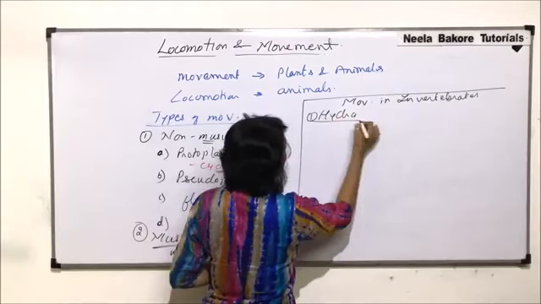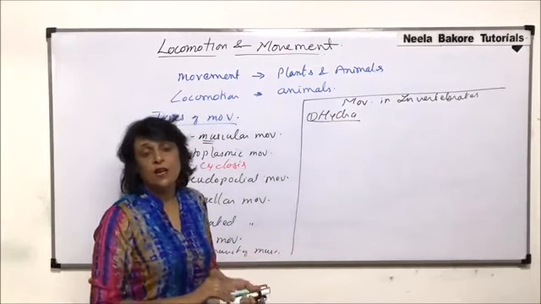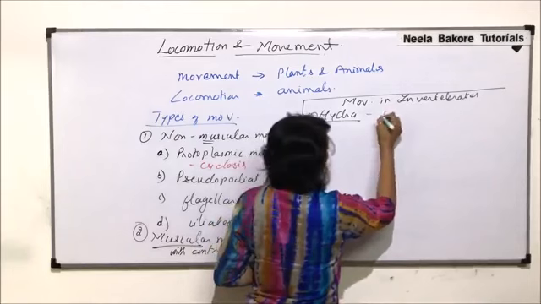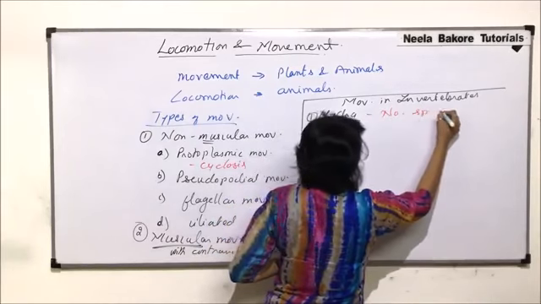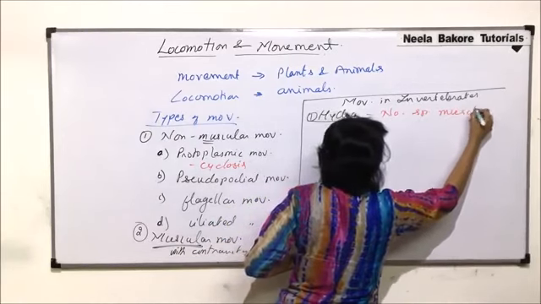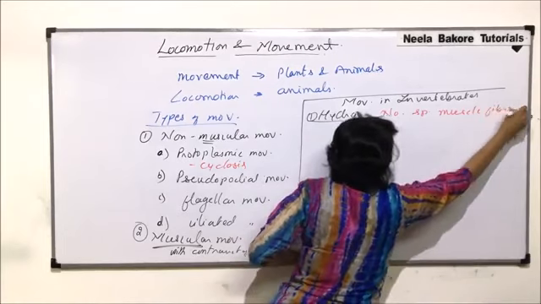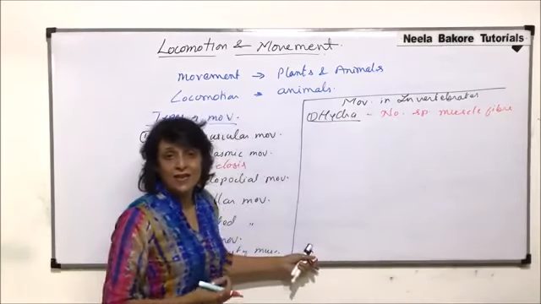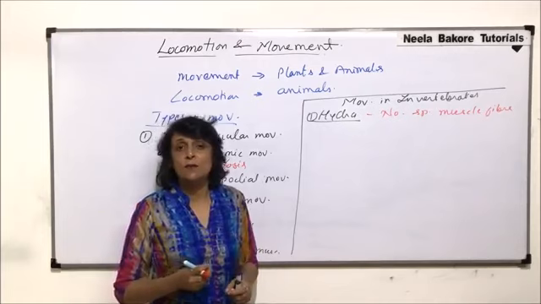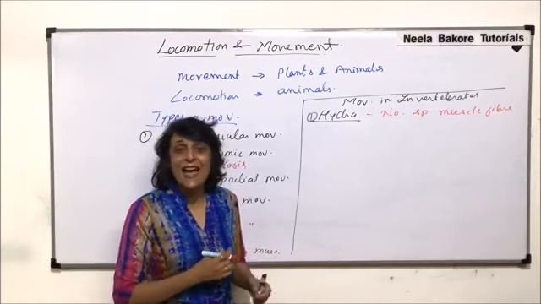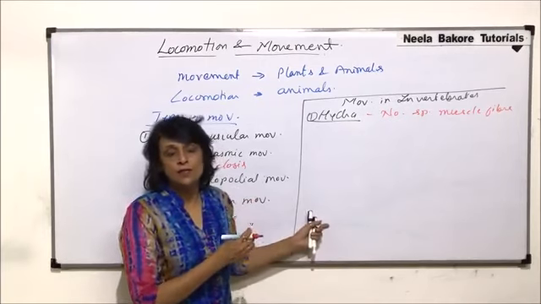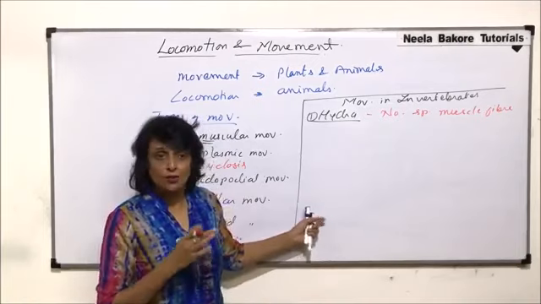In Hydra, there is no specialized muscle. So first thing, there is no special muscle cell or muscle fiber. Instead, they have some cells which have protoplasmic projections which act as longitudinal muscles and some act as circular muscles.